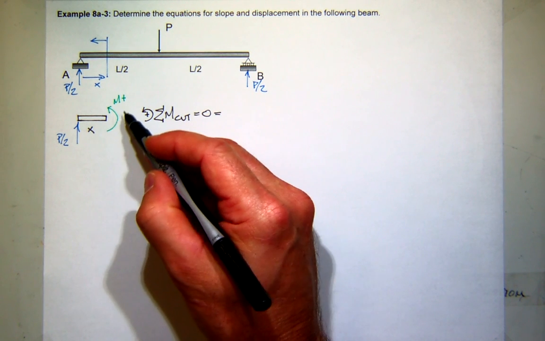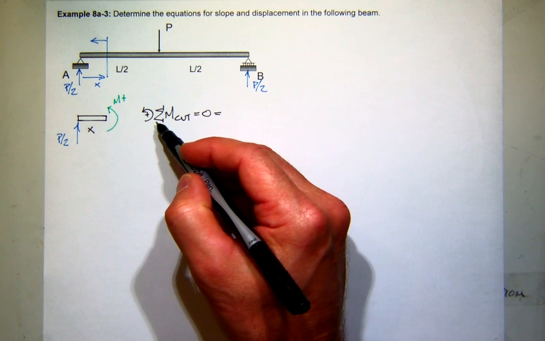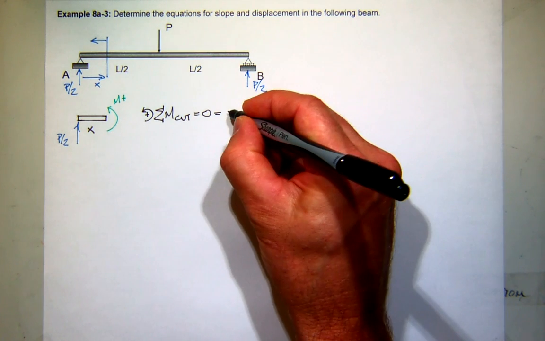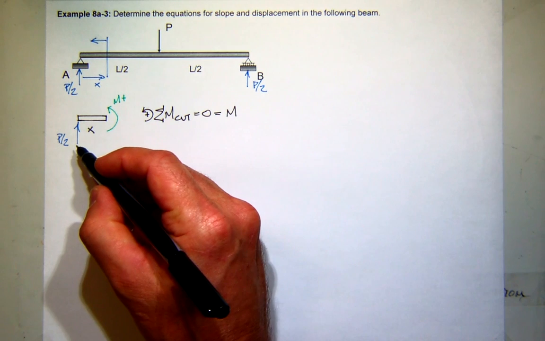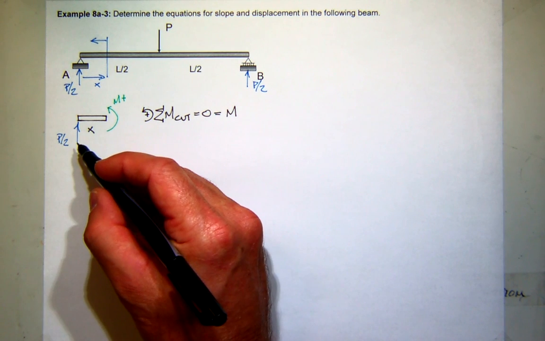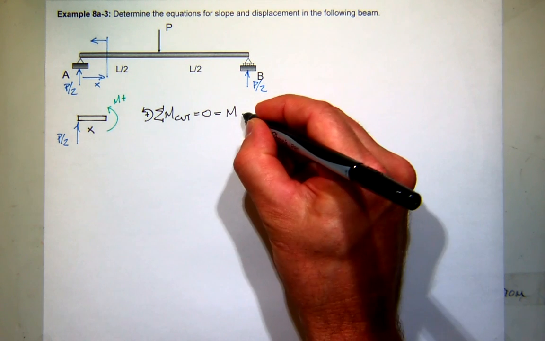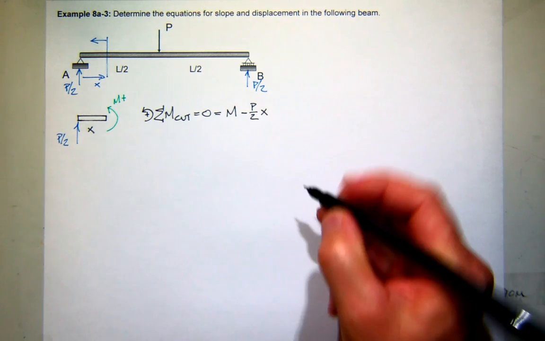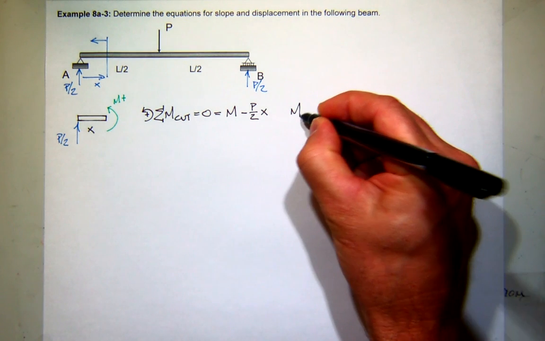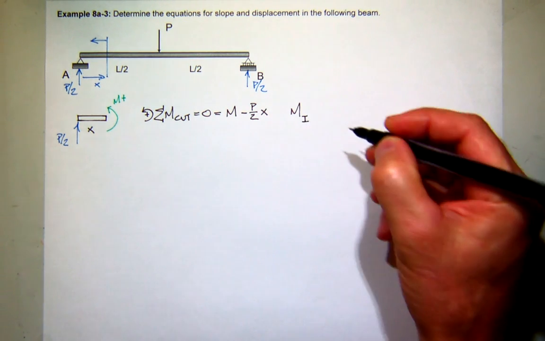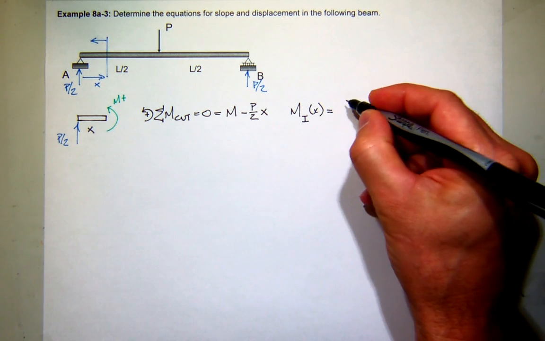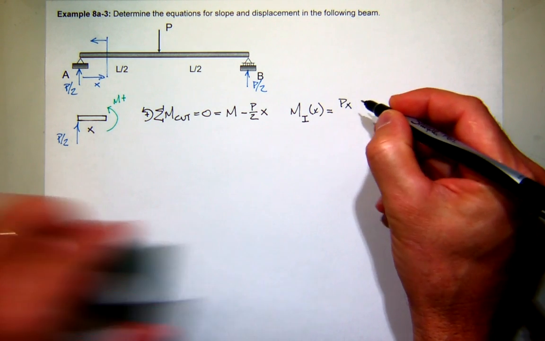So what is the sign of this moment with this assumption for sign? It's positive. What about the moment about the cut due to this P over 2 force? Negative. So the force is P over 2 and the distance is x. So I guess you can see that this moment, I'll call it moment 1 in the first section, is simply Px over 2.